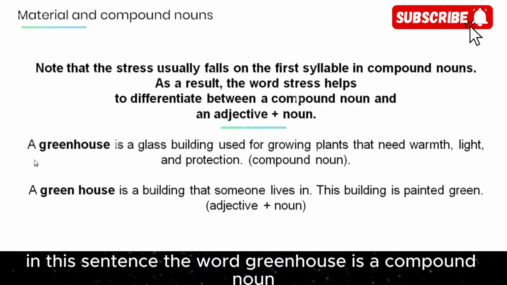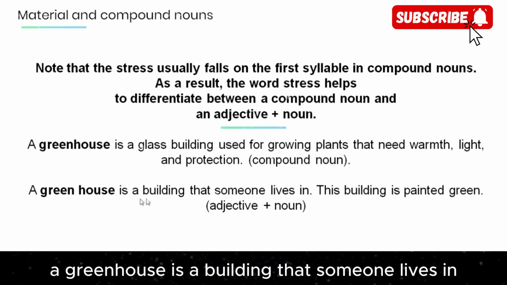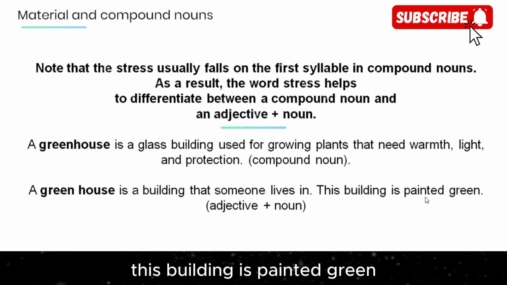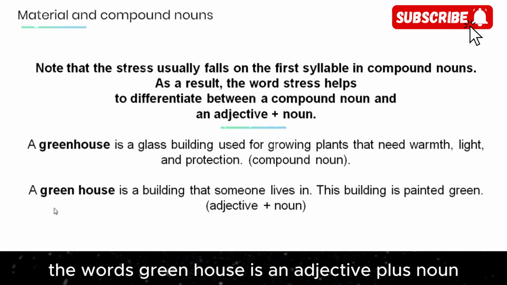In this sentence, the word greenhouse is a compound noun. And in this sentence, a green house is a building that someone lives in. This building is painted green. In this sentence, the words green house are an adjective plus noun.